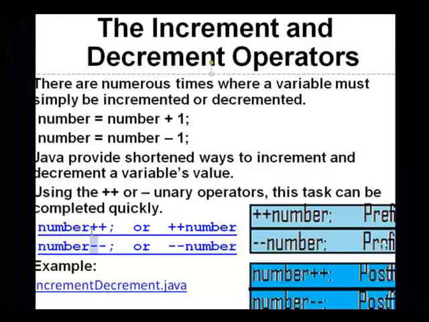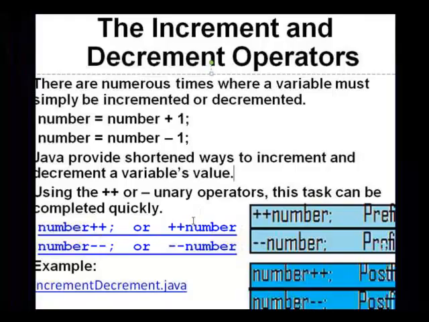What is the difference between number++ and ++number? In the definition, the ++ here increments after the execution of the statement, and this one increments before the execution of the statement.